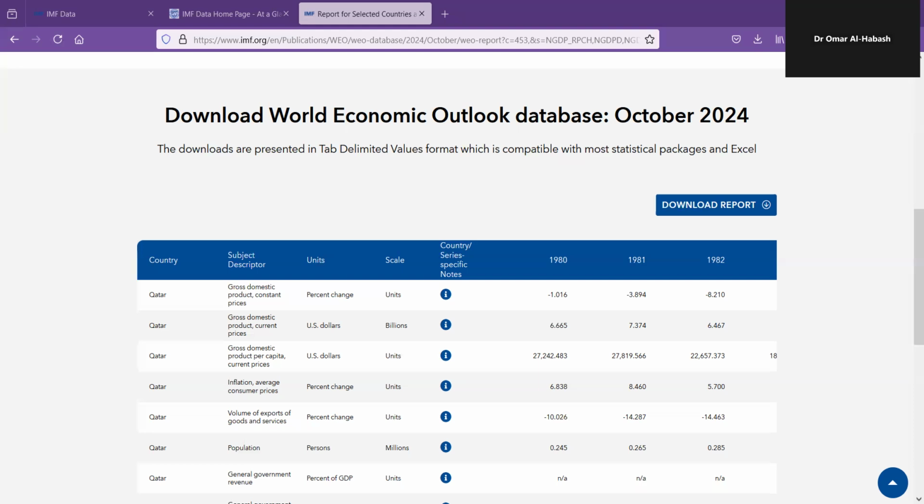So we see the country is having positive growth in population, which is something positive for a country with high GDP per capita.